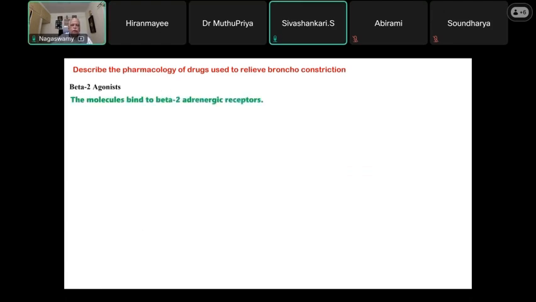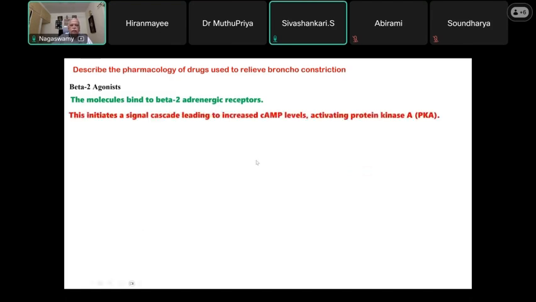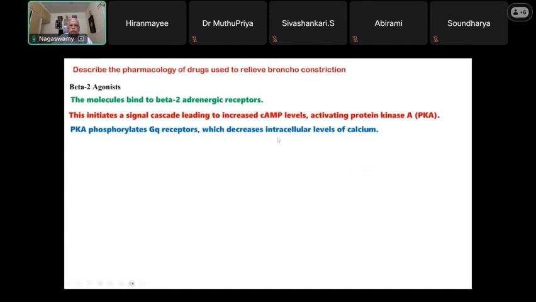So beta 2 agonists are the commonly used drugs. The molecule binds to the beta 2 adrenergic receptor and initiates a signal cascade. Ultimately, the mechanism of action is that cyclic AMP levels are increased, activating protein kinase A, and this acts on the Gq receptors, which decrease the intracellular levels of calcium.